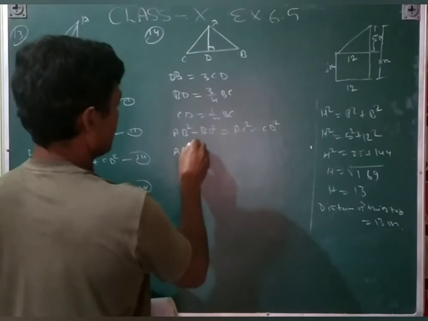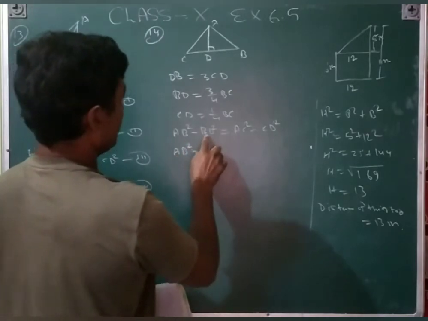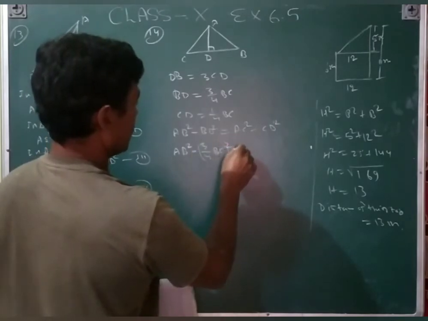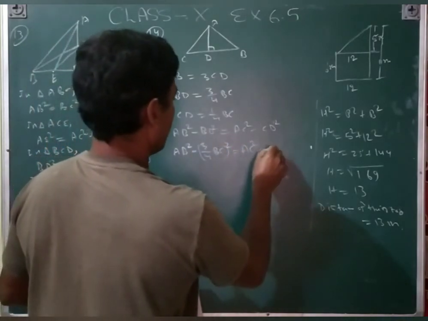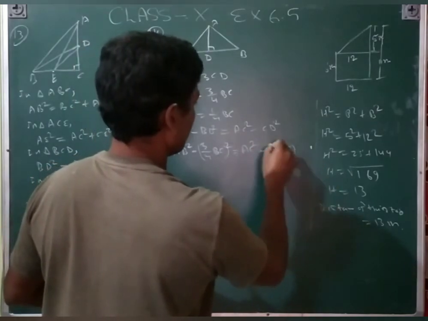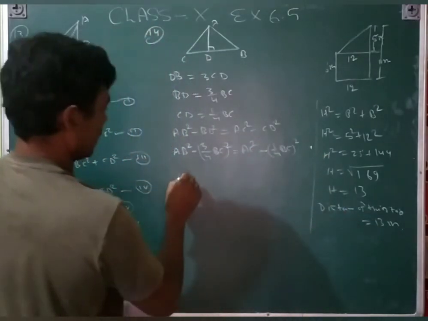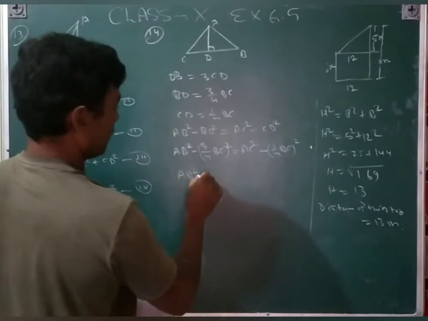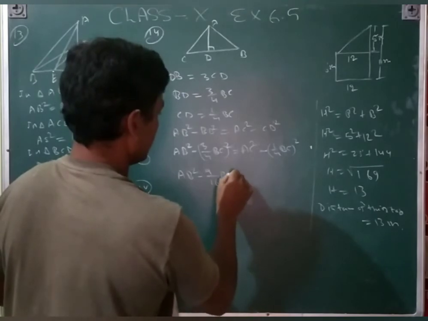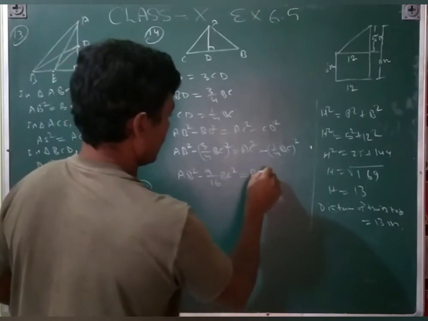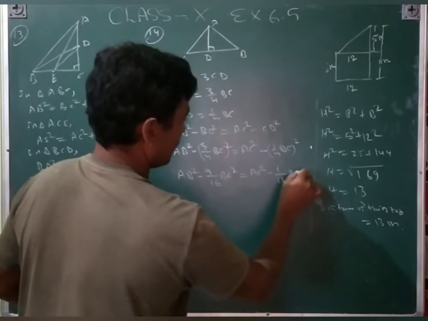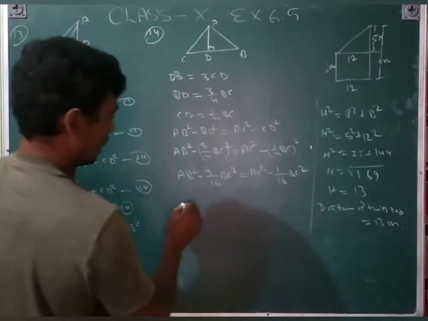So AB square minus BD, meaning 3/4 BC whole square, is equal to AC square minus CD, that is 1/4 BC whole square. So AB square minus 9/16 BC square is equal to AC square minus 1/16 BC square.